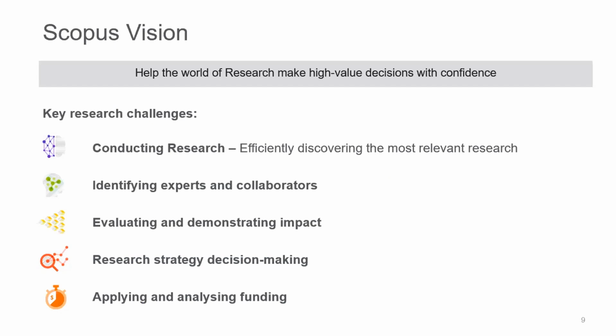First of all, our mission is to help conducting research, helping efficiently discover the most relevant research, but also helping in building collaborations, identifying the best experts to work with, evaluate impact, for instance, of a research institution by looking at institutional profiles, or by demonstrating your own impact through the author profile, making research strategy decisions based on analytical tools offered by Scopus, and last but not least, applying and analyzing funding.